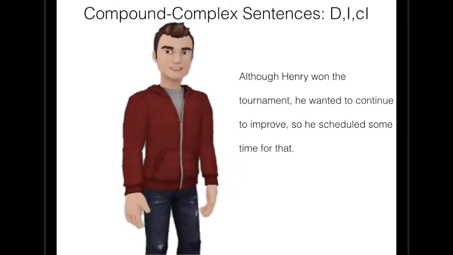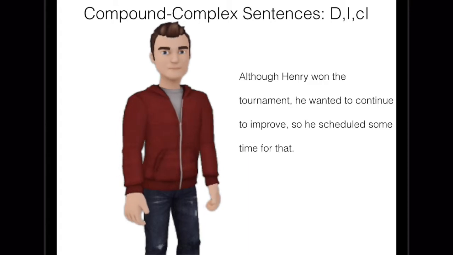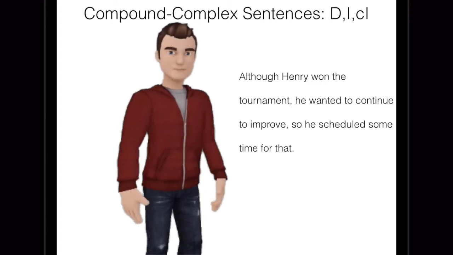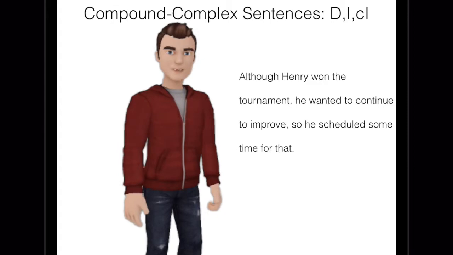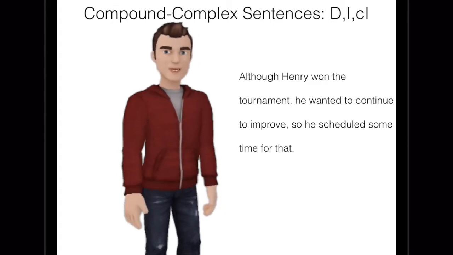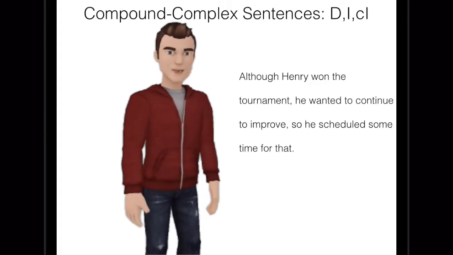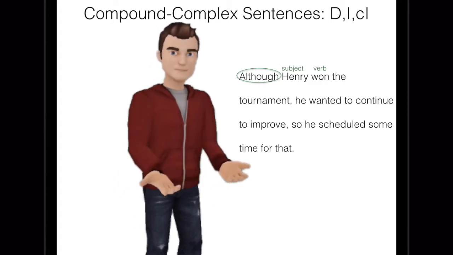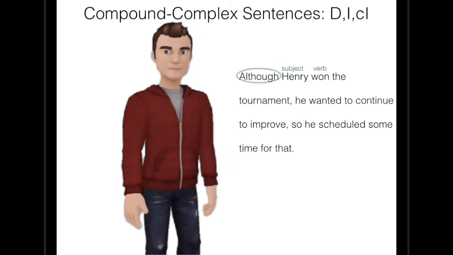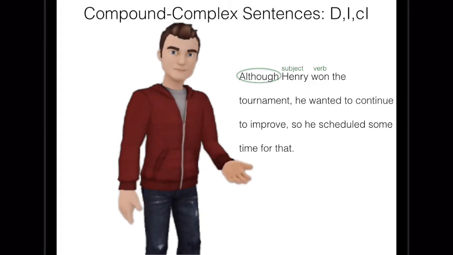Our first sentence is, although Henry won the tournament, he wanted to continue to improve, so he scheduled some time for that. All right, we're going to break this sentence apart bit by bit. The first thing that we're going to look at is the first clause, and that's a dependent clause. We start off with the word although, subordinating conjunction, and then we have a subject and verb after that, although Henry won.